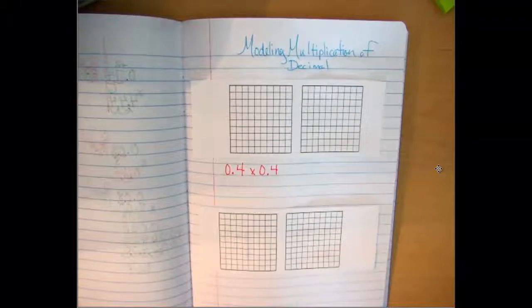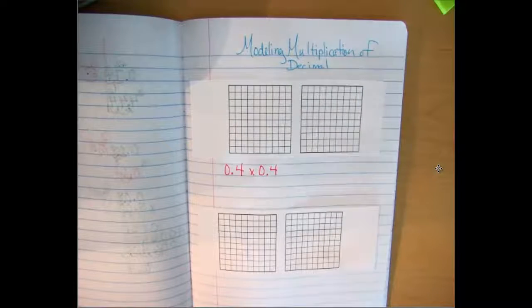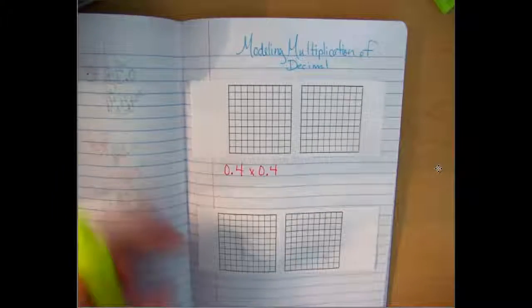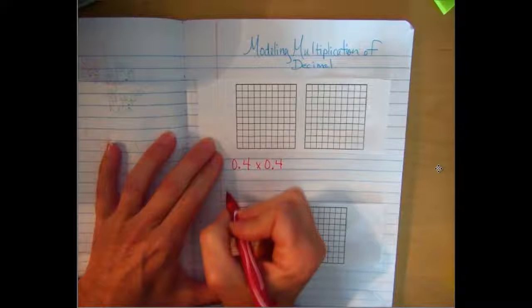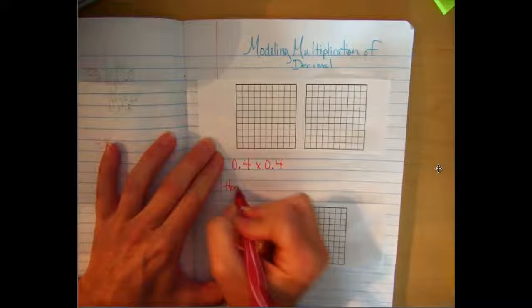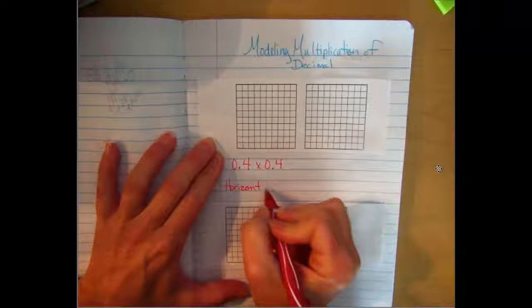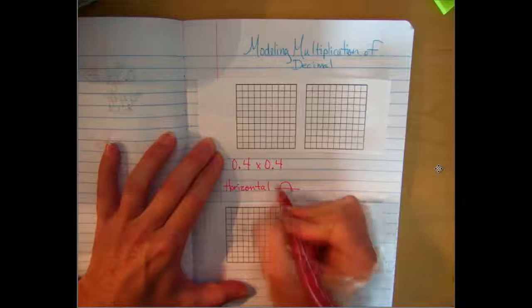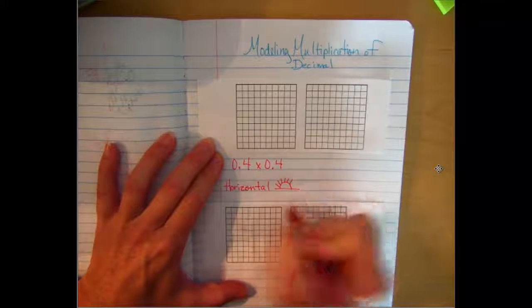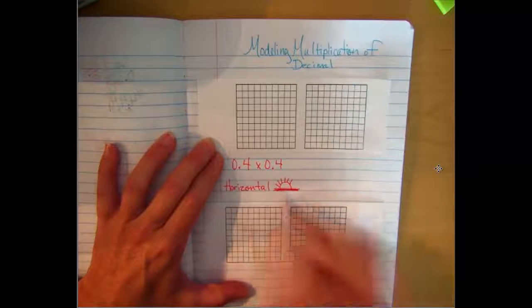So the way we're going to model this is to start with shading in 4/10 horizontally. When I say horizontally, horizontal, think about the sun setting on the horizon, okay? When I say horizontally, it's the row going this way, left and right, okay?